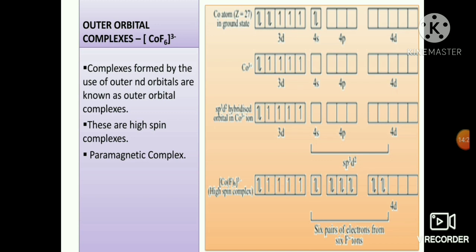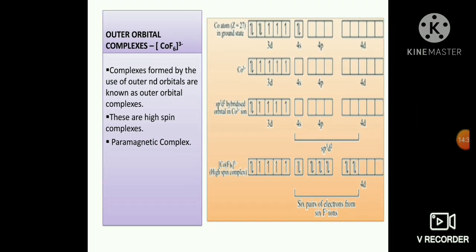As it consists of unpaired electrons, the complex is said to be a paramagnetic complex. So this is about the hexafluoro cobalt complex. Here 6 sp3d2 hybrid bonds are formed between cobalt and 6 fluoride ions. So this is about the outer orbital complex.